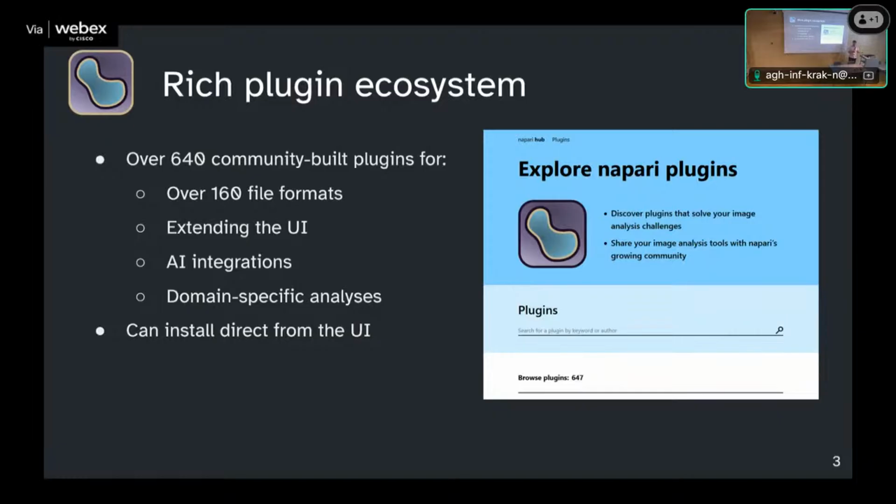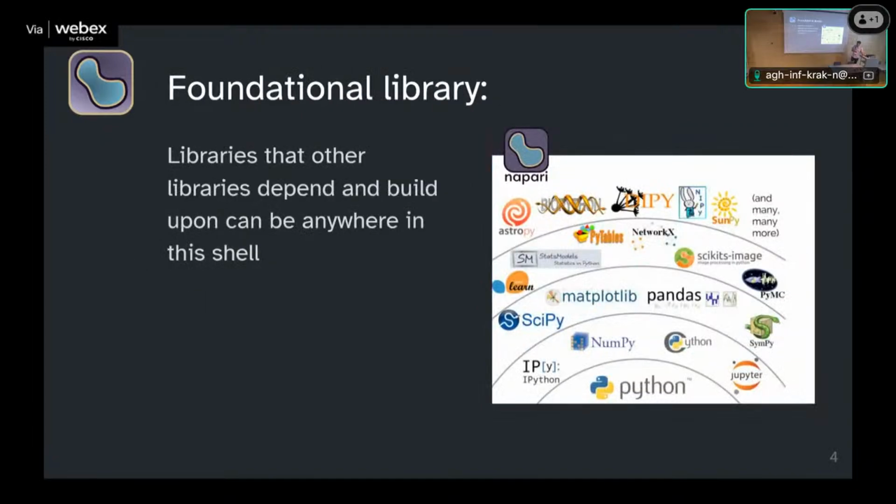As I mentioned, a lot of the work has been done in the life sciences, but people are starting to branch out into other domains like geosciences and astronomy. We can see we all have lots of data and big data. So when I say in the title a foundational library, a lot of times we think towards the center of this shell, NumPy or SciPy, things that are depended on in many layers.